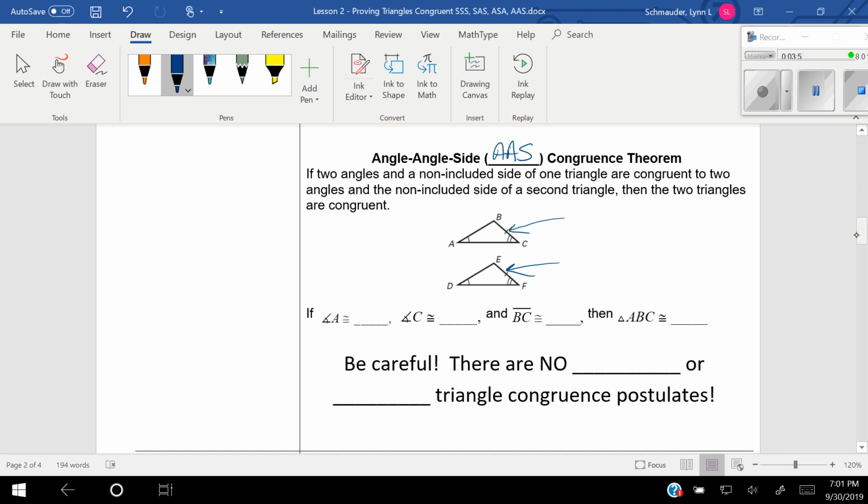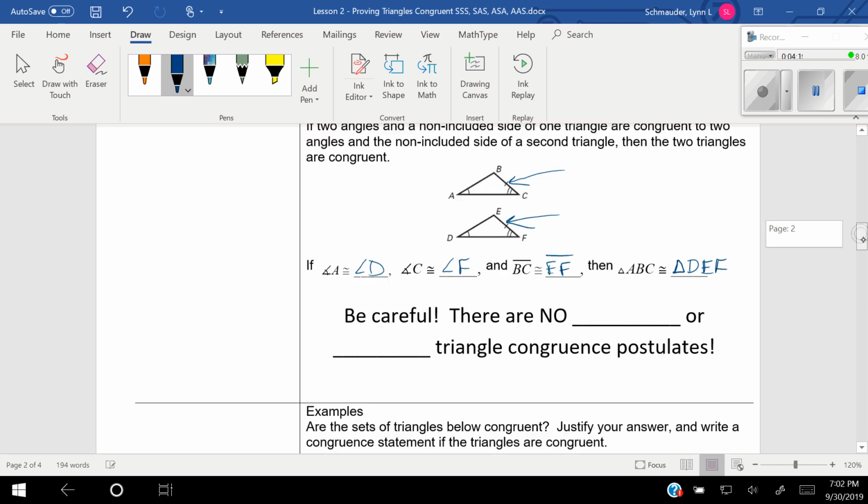So if angle A is congruent to angle D, and angle C is congruent to angle F, and side BC is congruent to side EF, then I can say that triangle ABC is congruent to triangle DEF. And as always, the order that I name those things in does matter.